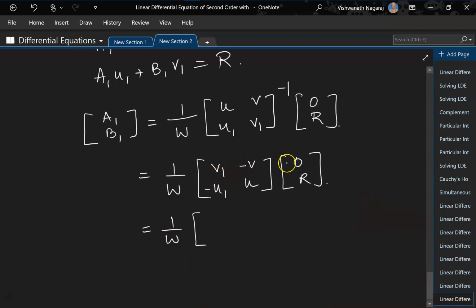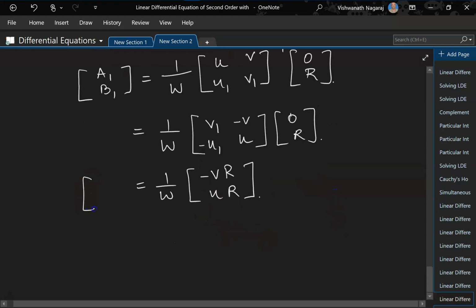So when you multiply, what happens? v1 times 0 is 0, minus vr. Now minus u1 times 0 is 0, ur. So a1 and b1 are this, or in other words, a1 is equal to 1 by w times minus vr, or we can just say minus vr by w.